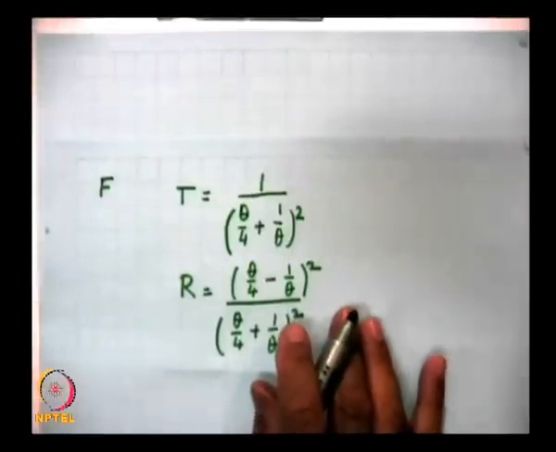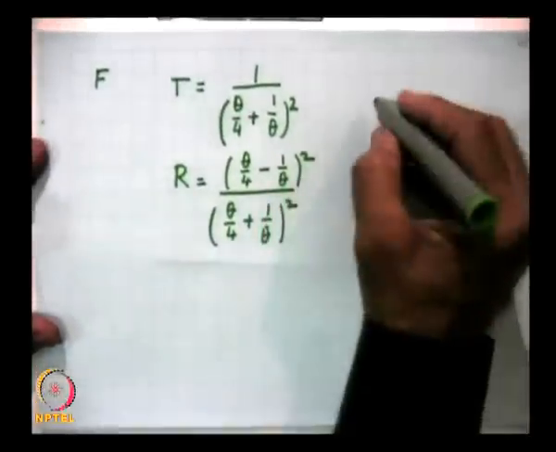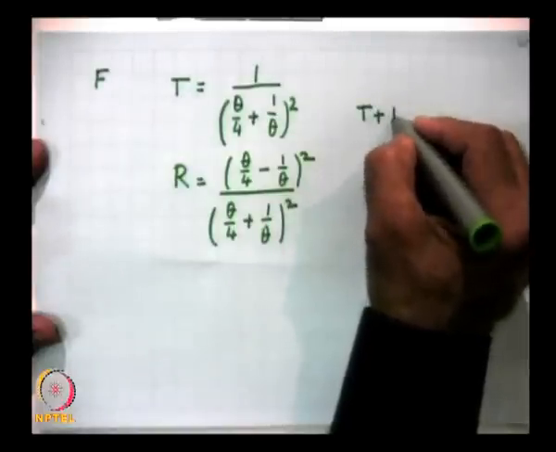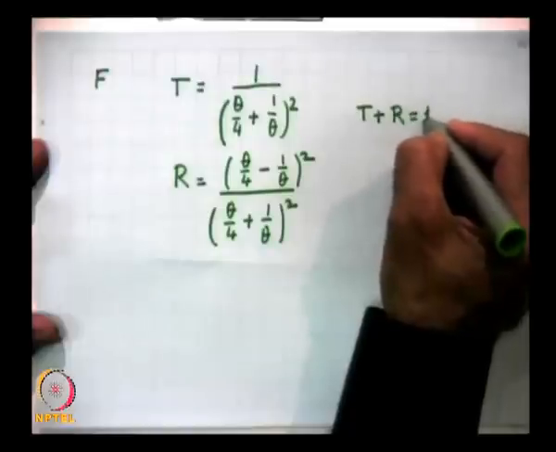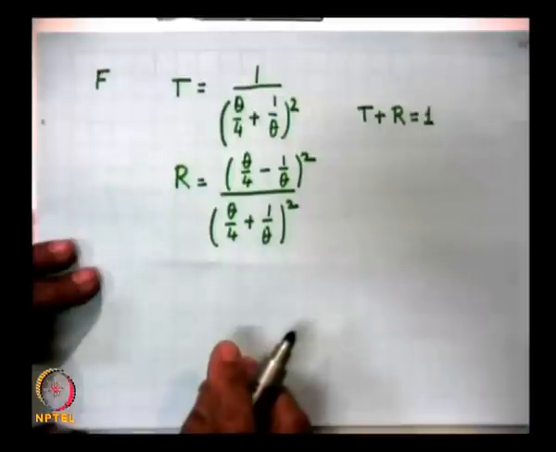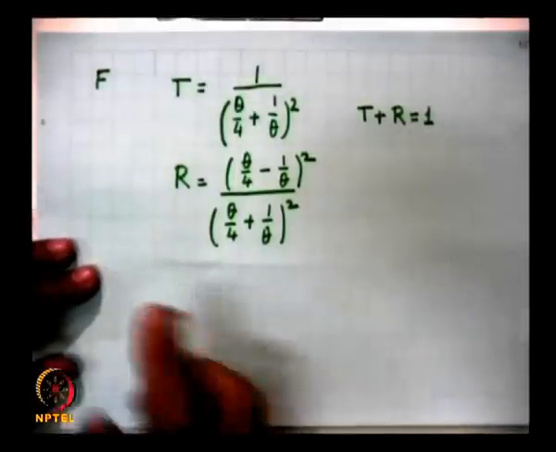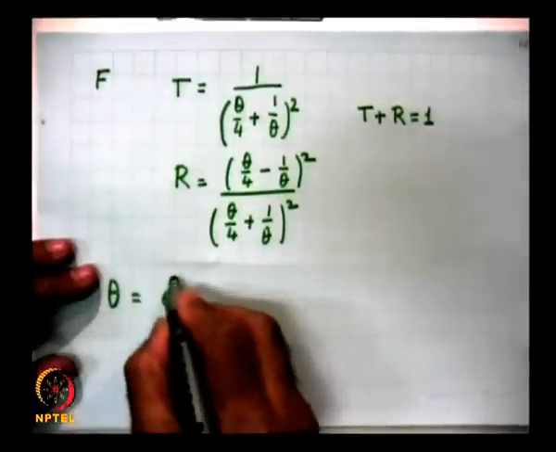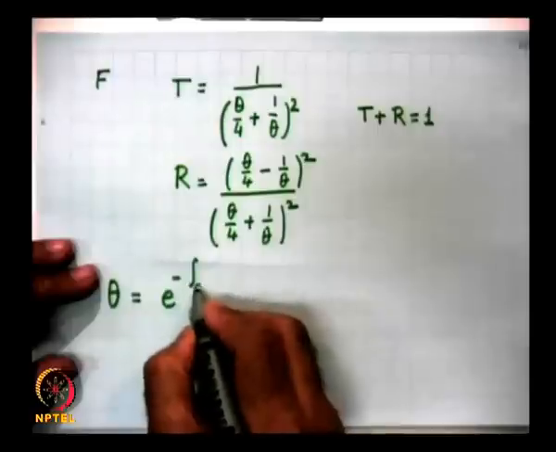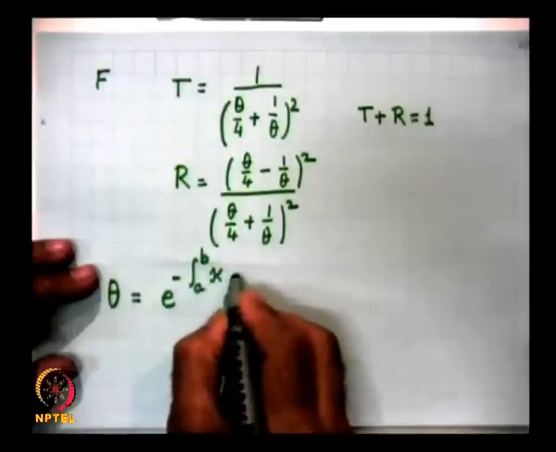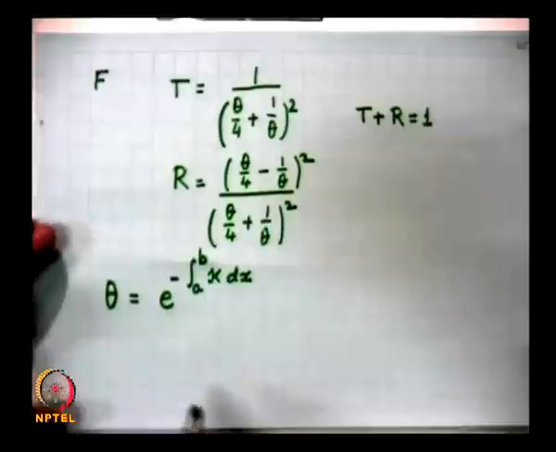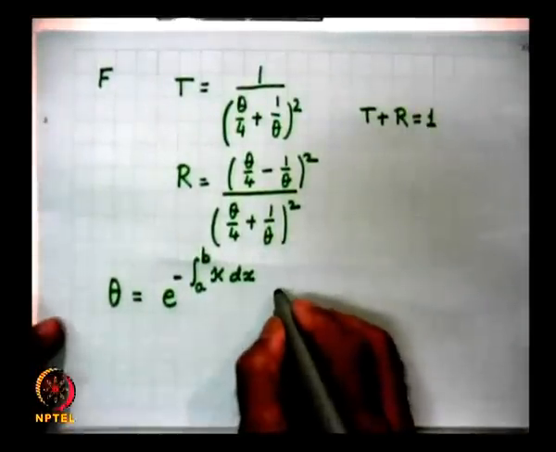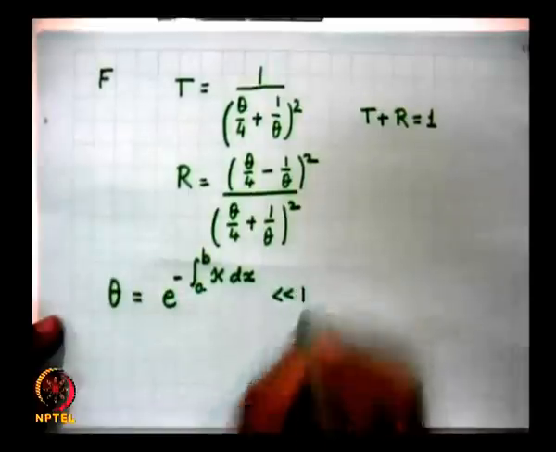The amazing thing is that in spite of all the approximations that we have made, T plus R is equal to 1. Now, we had defined theta as equal to e to the power of minus integral a to b of kappa(x) dx, and therefore this quantity is usually less than 1.